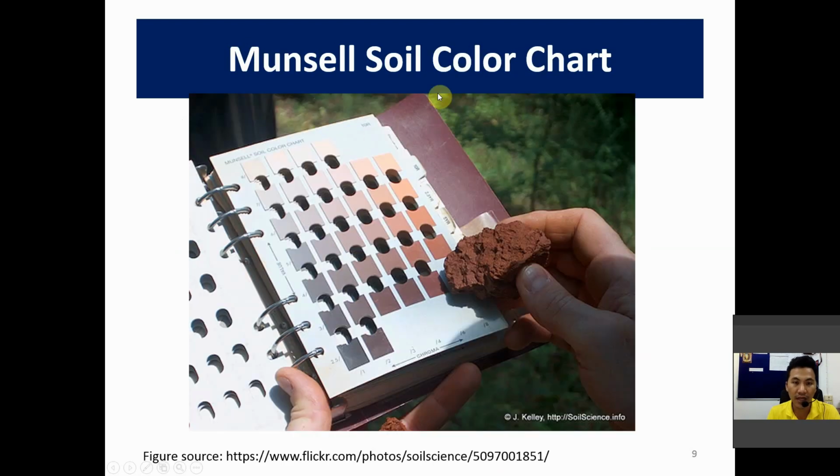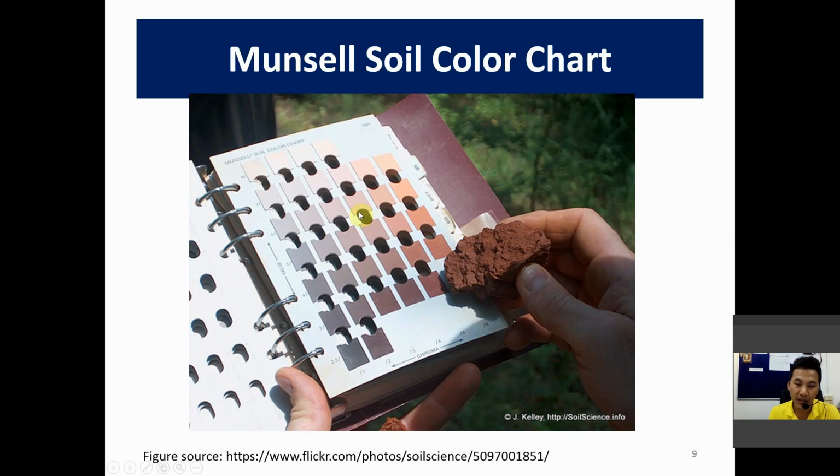And here is the Munsell soil color chart, the system that I just explained. It is big and comes in the form of a book with different pages that refer to different colors in the 3D system. This is the hue information, this is value, and this is chroma.